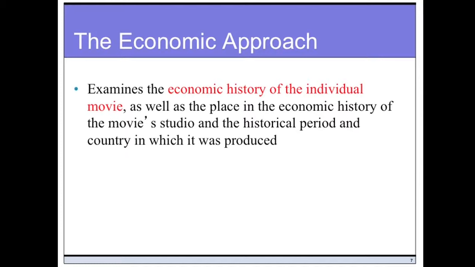Thirdly, the economic approach. This is examining the economic history of the individual movie, as well as movie studios, like Warner Brothers would be a studio production, Disney, that sort of thing. The economic approach is basically focused on money. So the economy surrounding that. Very straightforward.